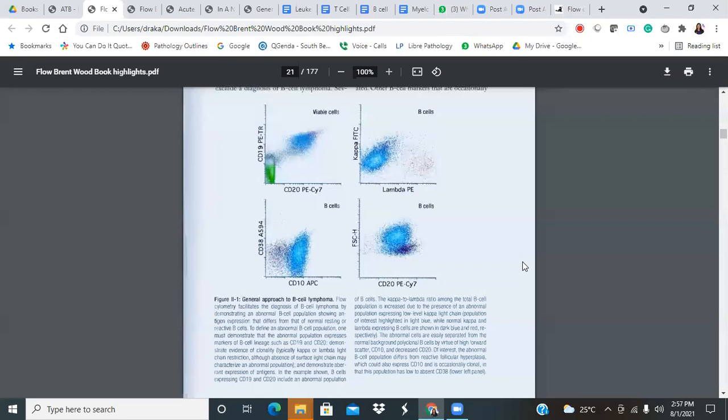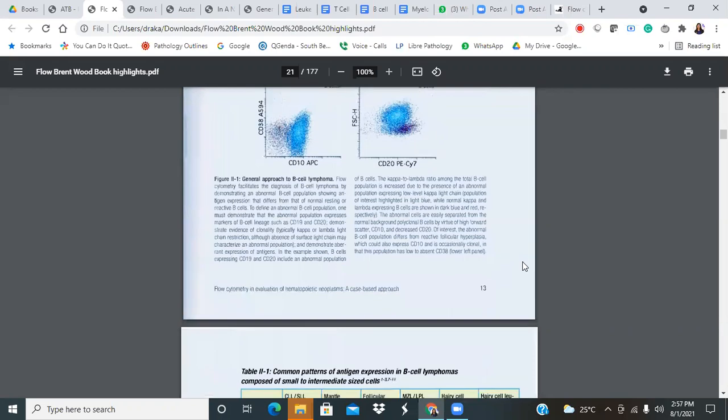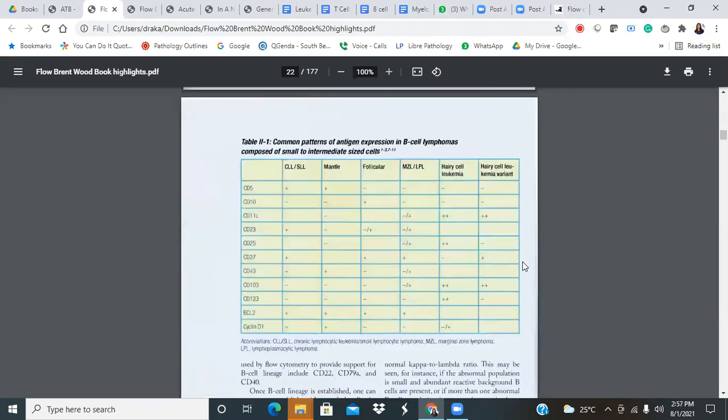Many times we do know the background morphology as well, but if it is very clear cut, then we mention that these cells have high forward scatter. So that's that. Okay.